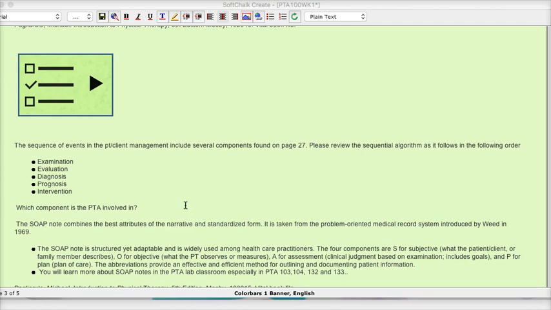Now, as a PTA, you can collect data to help determine the outcome, but ultimately the PT is deciding whether that patient continues to work with your team, meaning you and the PT, extending that prognosis piece, or decides to do a re-evaluation or examination because of a new health condition, perhaps, or something that you and the PT or the PT alone have discovered in your interventions.